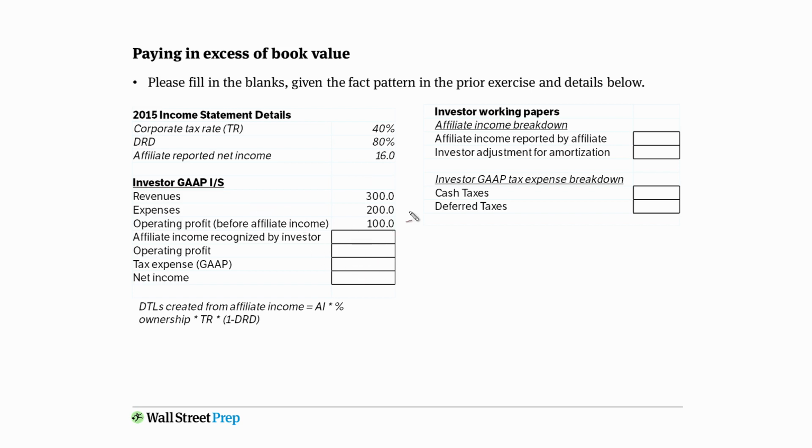In order to answer these, we actually have to go to the investor working papers. First, let's understand that Yahoo reported $16 billion of net income. So before making any adjustments to reflect the fact that we paid way above book value to acquire 25% of Yahoo, we would have just recognized 25% of the $16 billion, or $4 billion.